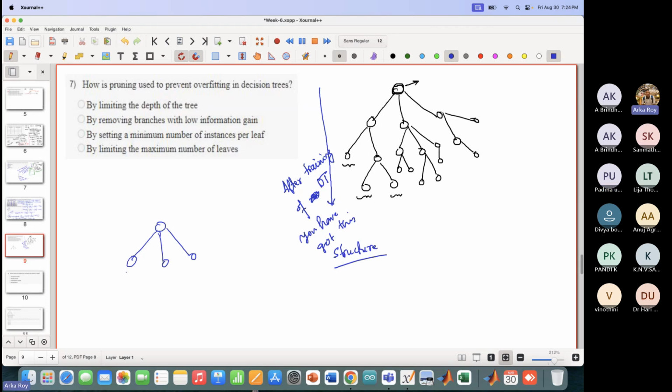So you are doing classification for A. Here also, let's say you have two classes only, and there are three attributes.